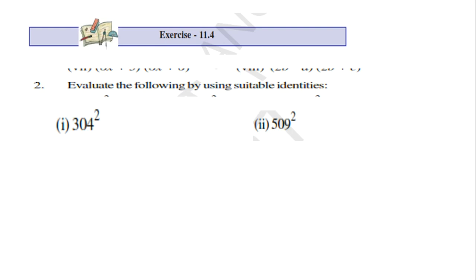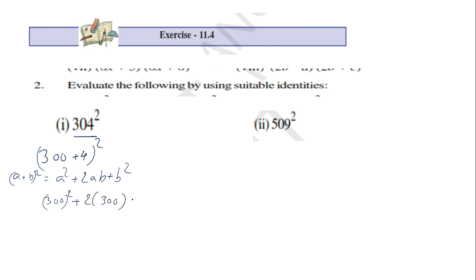Using suitable identities. In the previous classes we would have learned about the identities a plus b whole square, a minus b whole square. Now how are we going to write 304 whole square? Can we write it like 300 plus 4 whole square? Yes, so this is in the form of a plus b whole square, which is equal to a square plus 2ab plus b square. So a square is 300 whole square, plus 2 into a which is 300, into b which is 4, plus b square which is 4 square.